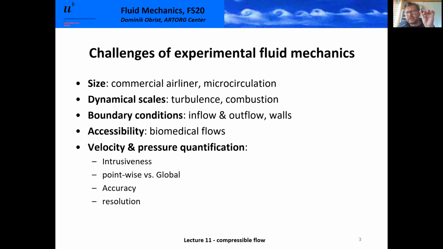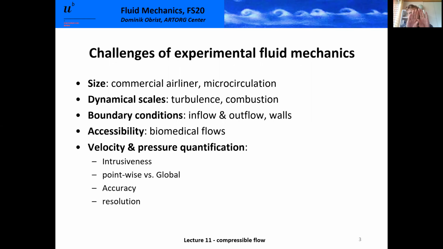So we can measure at one point in space, which is okay if you're only interested in one velocity, but in many cases, you want to have a global understanding of the flow field. So either you take your point-wise device and scan through the whole flow field, which takes time, and it also gives some limitations. You can only study steady flows.